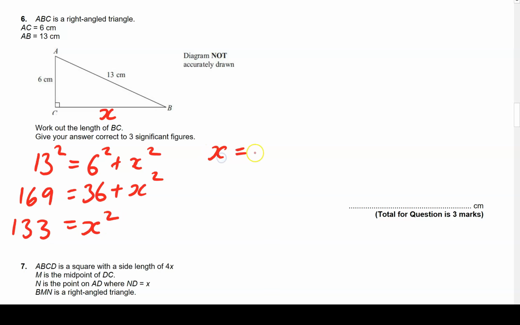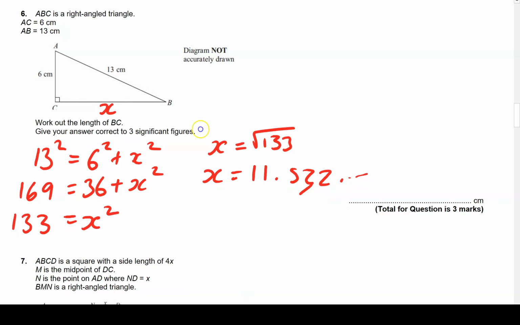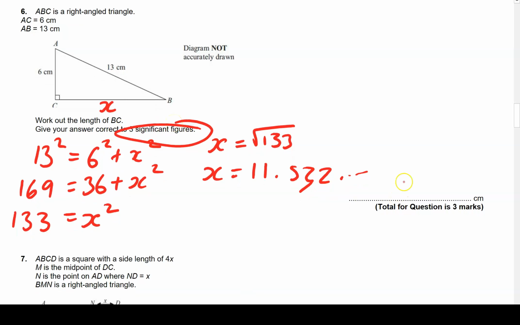So x is going to be the square root of 133, which as a decimal is 11.532 dot dot dot dot. We want 3 significant figures, so it's going to be 11.5.